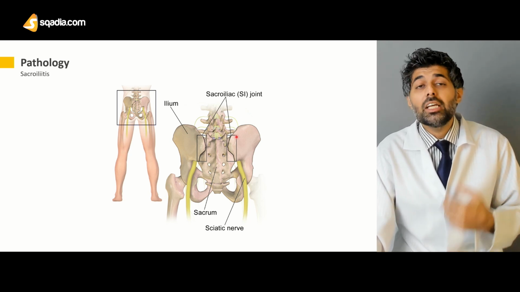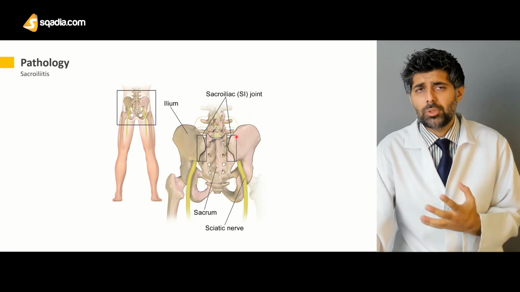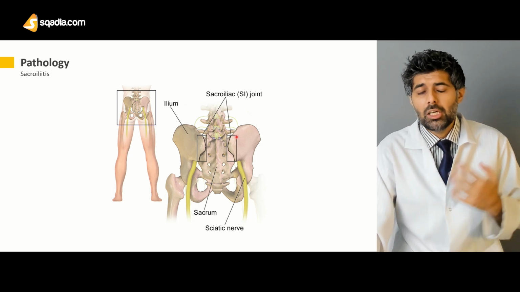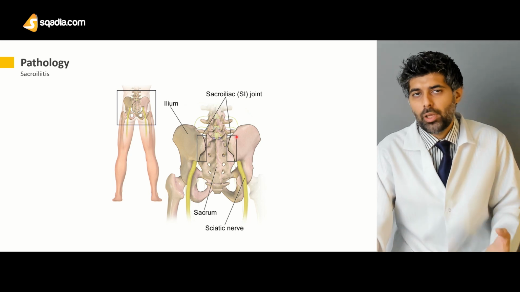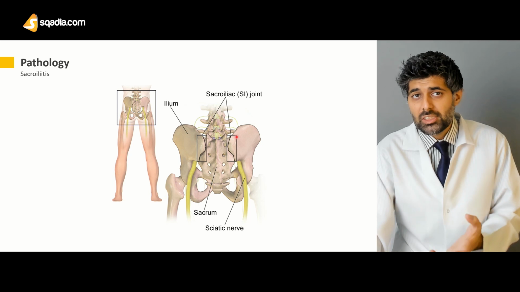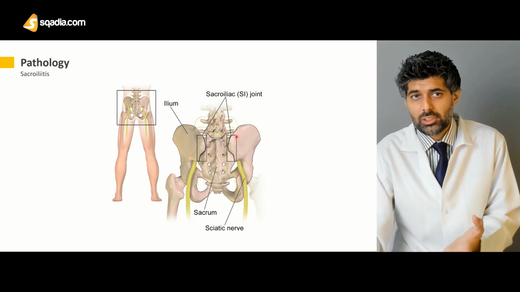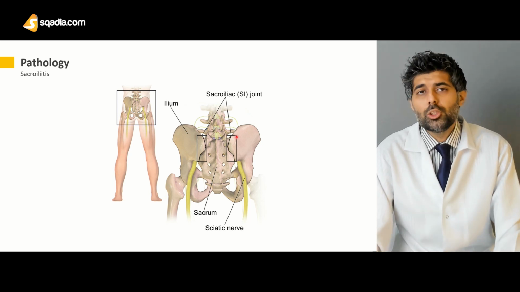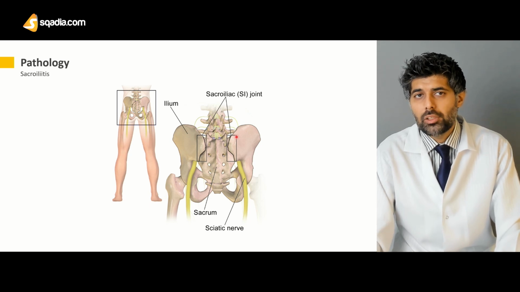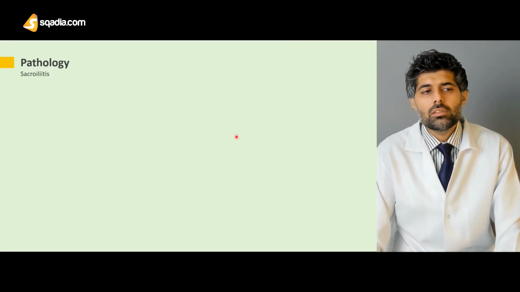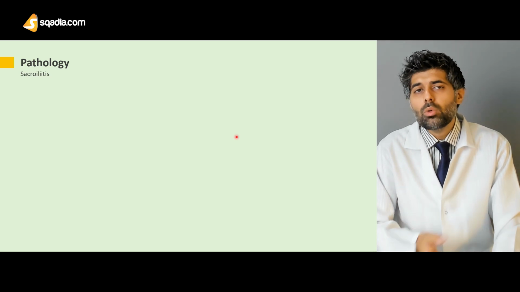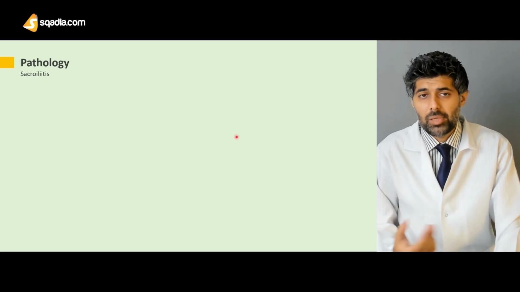And this again is found in about 100% of all patients presenting with complaints of ankylosing spondylitis. So understanding this joint inflammation is vital. Next, we're going to study how sacroiliitis takes place.